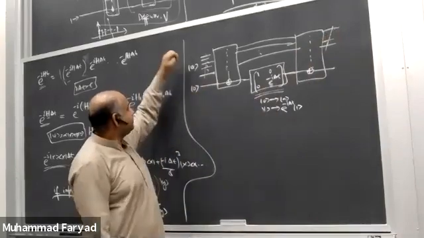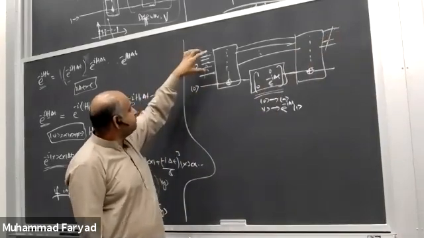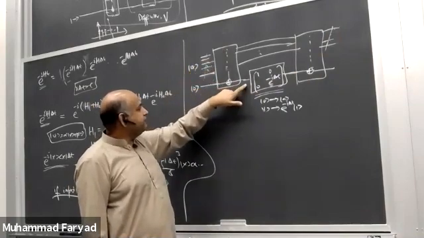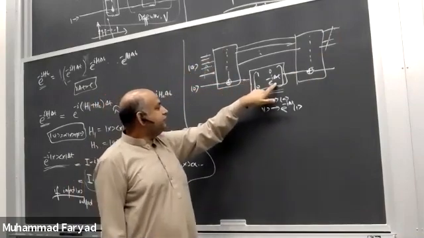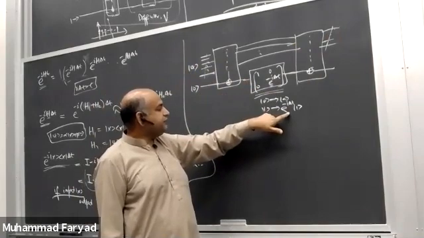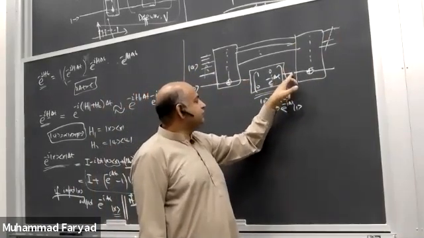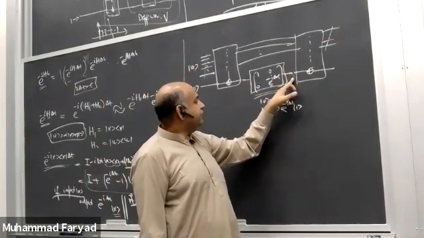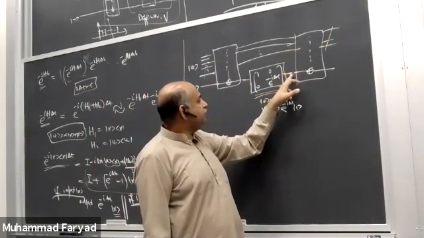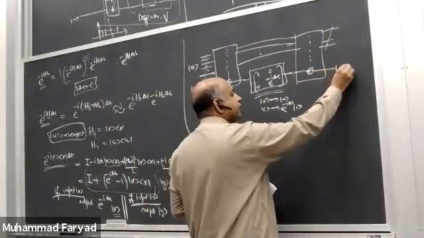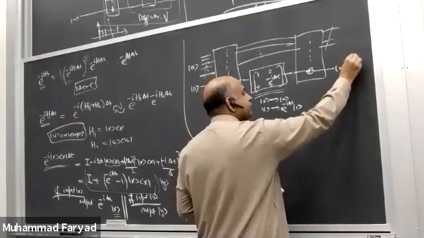Let's see what happens if the input is x. If the input is x, this control is activated by the oracle. The 0 becomes 1. And since this is 1, the 1 is multiplied with this phase factor exponential minus iota delta t. So here I have 1 exponential minus iota delta t. And then I call the oracle again to flip my 1 back to 0. And my input is minus iota delta t.